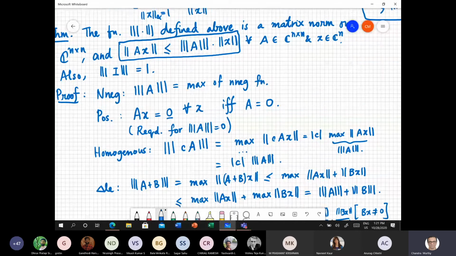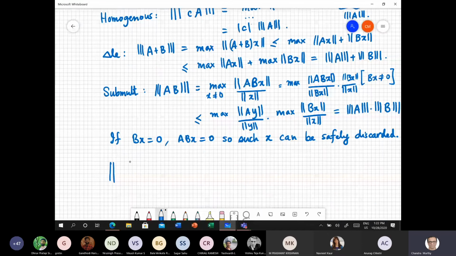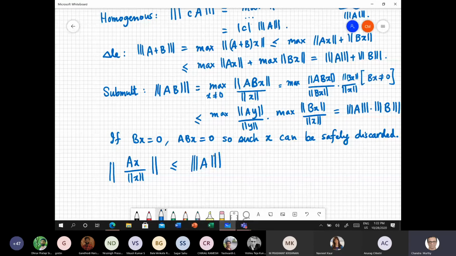Of course, that is trivial because if you consider norm of Ax over norm x, this is norm of Ax divided by norm x, and this is less than or equal to the matrix norm of A, because by definition the right hand side is the maximum value of the left hand side over all x not equal to 0. And so for any A and x, this is true.